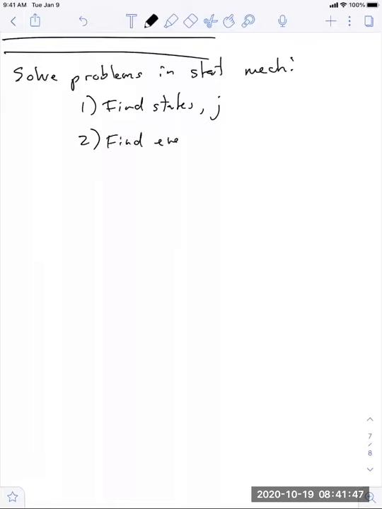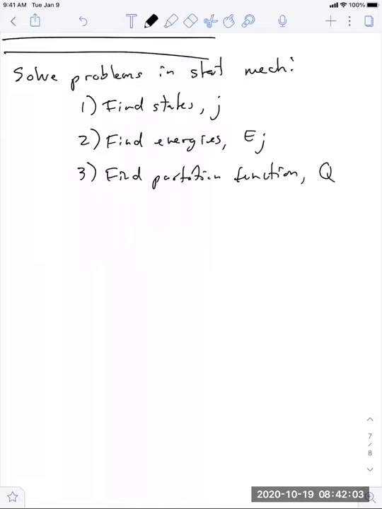Once we have the states, we find the energies, so it'd be E sub j. And then we need to know all of the states, so we find the partition function. Maybe this is Q or theta or what have you.